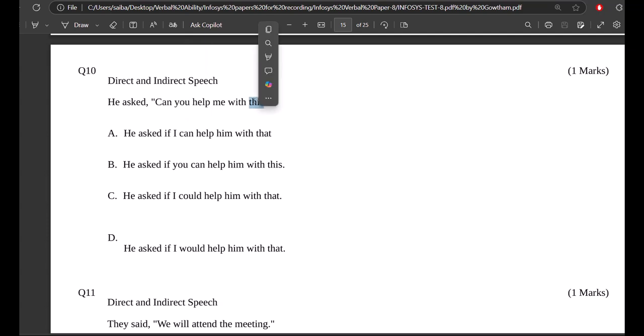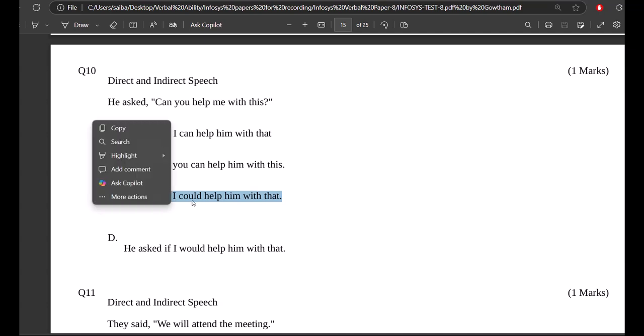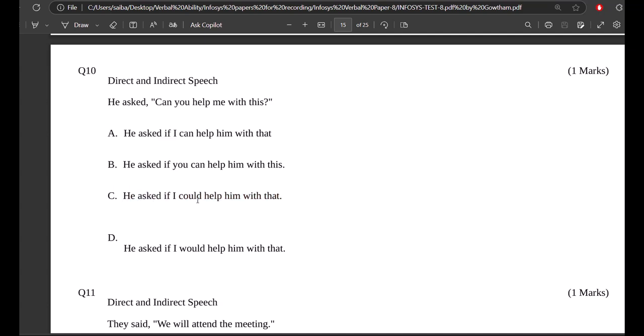And this to that. So the appropriate option here is he asked if I could help him with that. Okay. So C is the answer. He asked if I, you is converted to I, can is converted to could help him with that. Okay, only one option we have, that is can is converted to could.